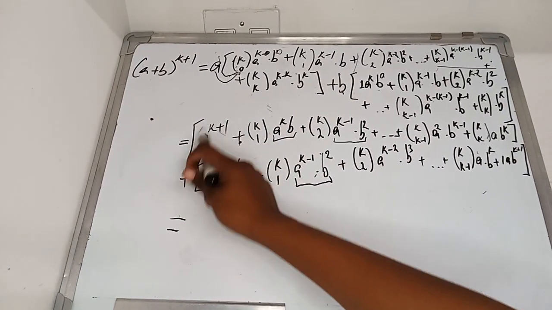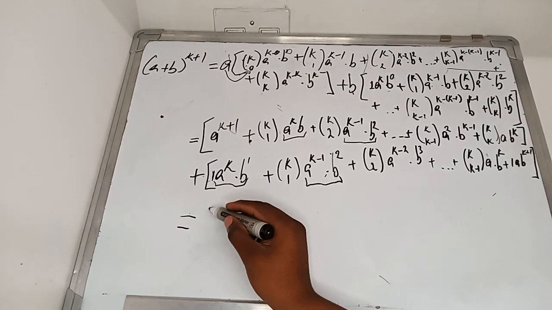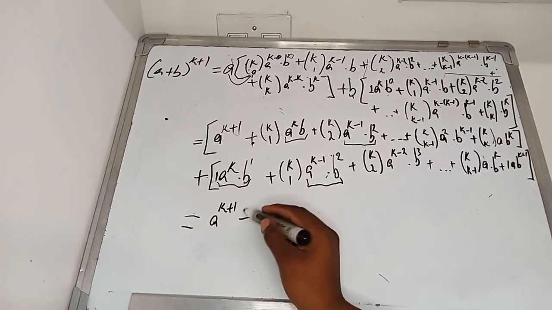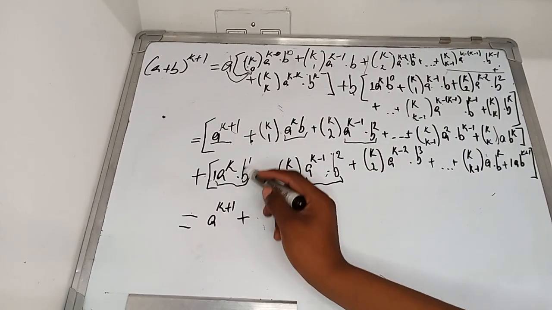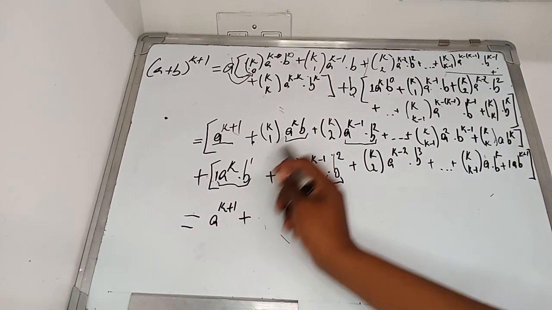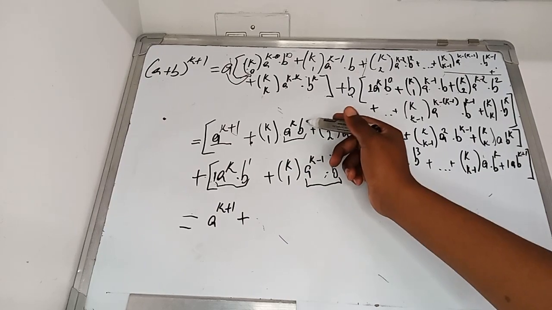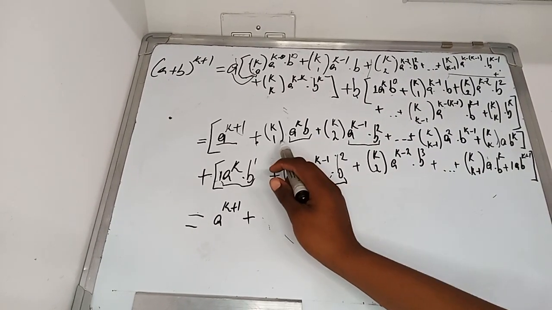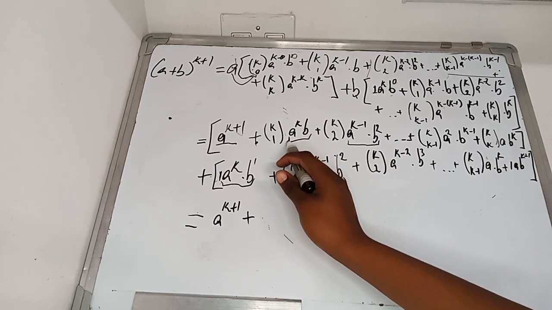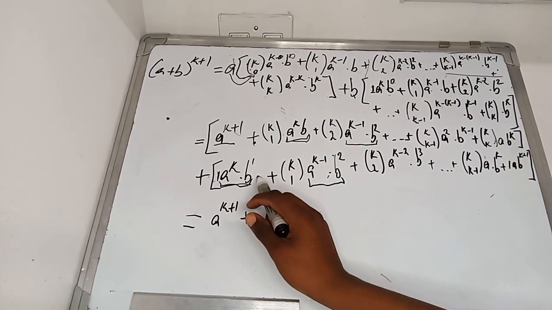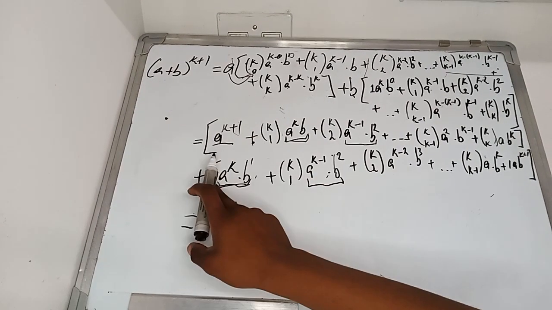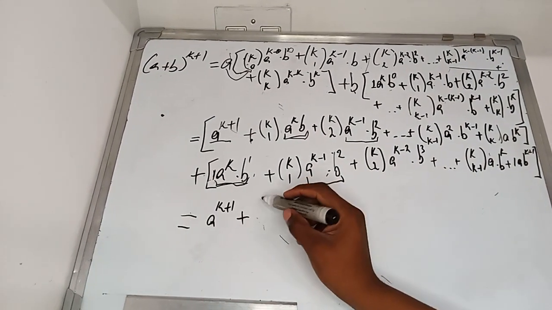So this is a to the k plus 1, plus this guy, then plus, now I'll take this common factor, a to the power k b. But if I take this common factor, then I have to add the coefficients, this k choose 1 and this 1 right here.